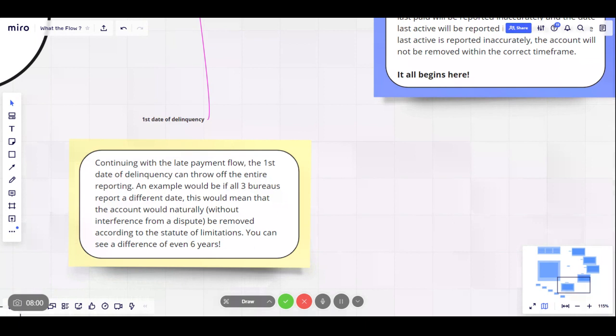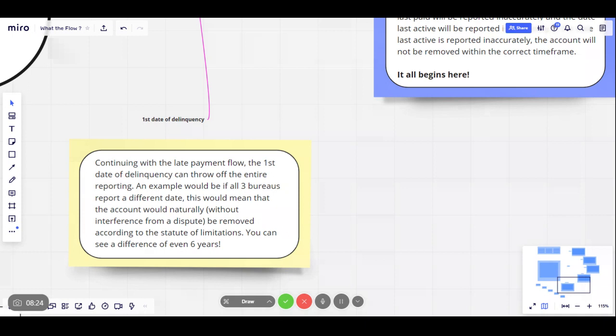So if the bureaus don't have the same information and it is not the correct information, then the first date of delinquency, if you do not pay again after that, right? First delinquency being your last date of activity, then this means that it can either be months off, days off, or years off.